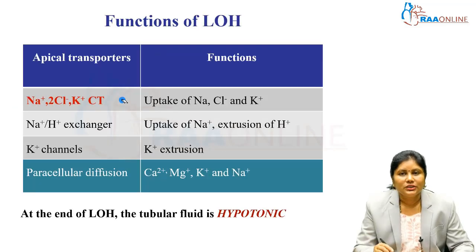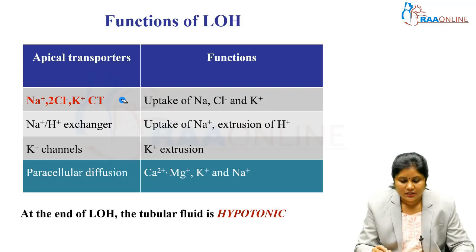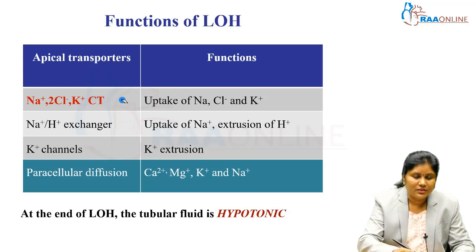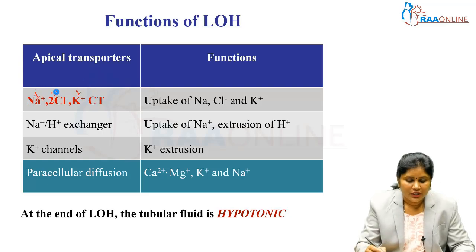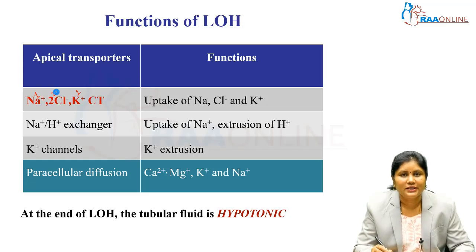So, the functions of loop of Henle is very importantly this presence of the sodium, one potassium, 2 chloride co-transporter channel. This transport channel is actually reabsorbing the sodium, chloride and potassium into the interstitium.